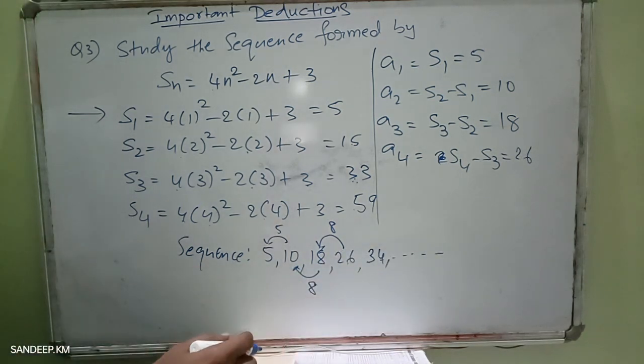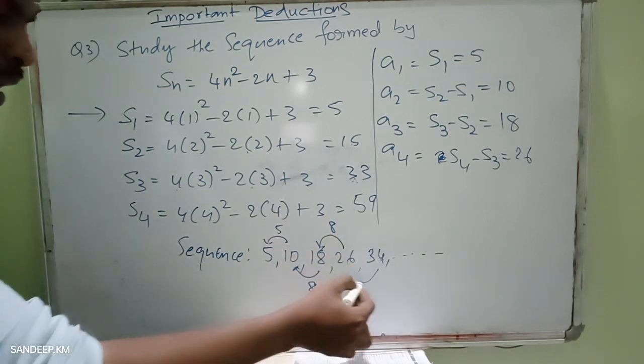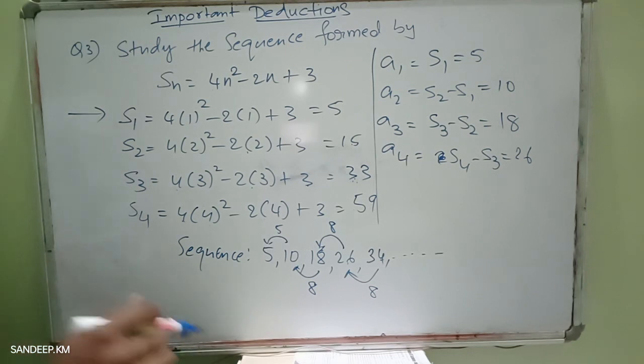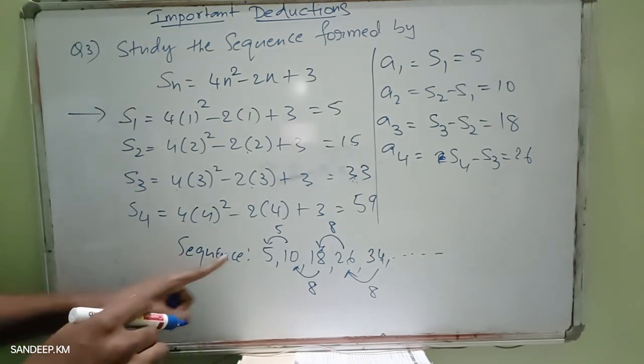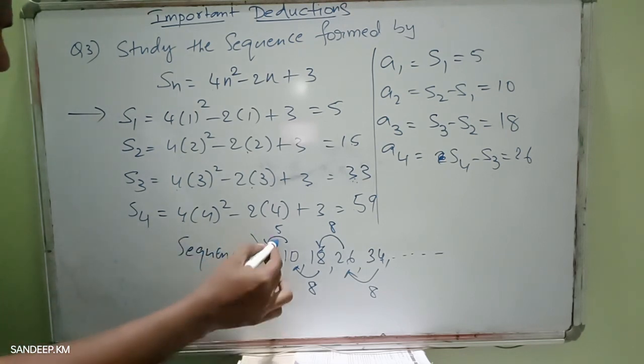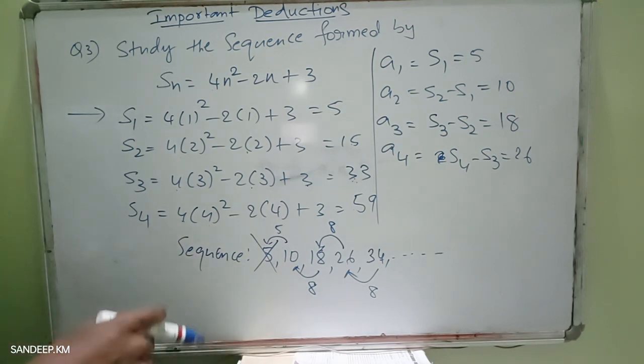Please try to find the fifth term once, you will get 34. What is A5 minus A4? A5 minus A4 is also 8. Please observe one thing, dear students. The sequence from the starting is not in AP. But if I ignore the first term, the sequence will be in AP.